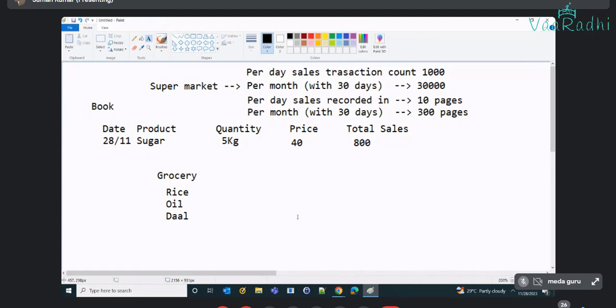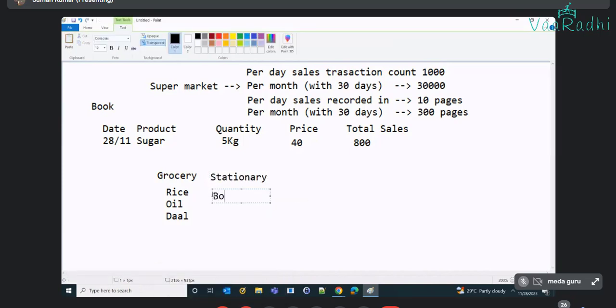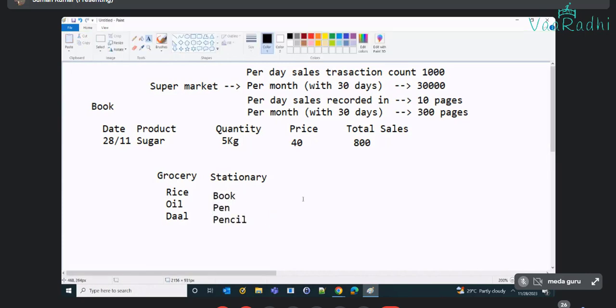Now, out of these 1000 transactions per day, you may have grocery related sales or small stationery related sales. What are stationery items, guys? Book, pencil, pen, eraser. Yeah, perfect. So like that, stationery.